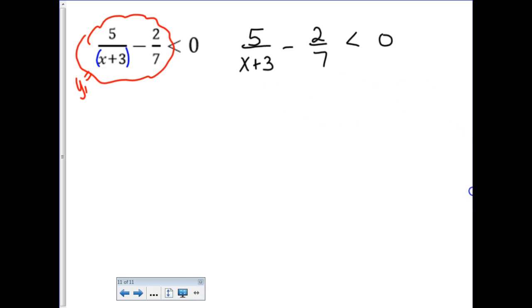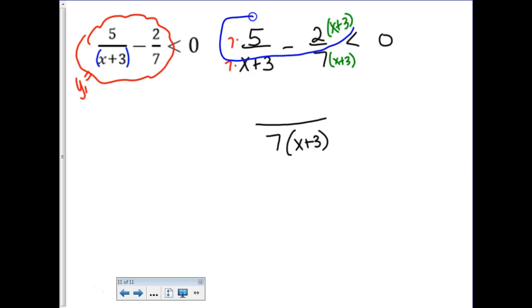Common denominator here would be a 7 and an x plus 3. That's kind of weird. So this one's going to be hit by a 7. And then this one's going to be hit by an x plus 3. So this numerator is 7 times 5, so 35.